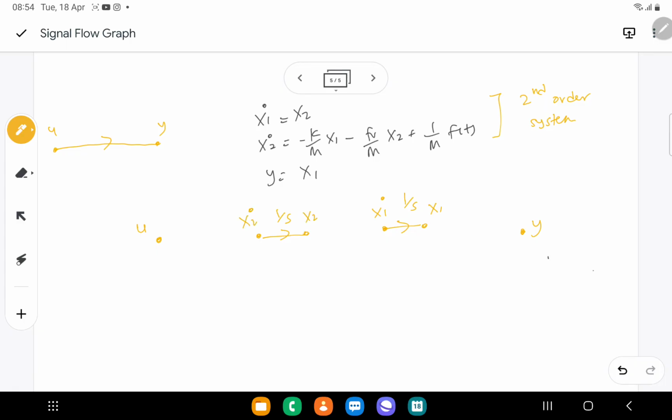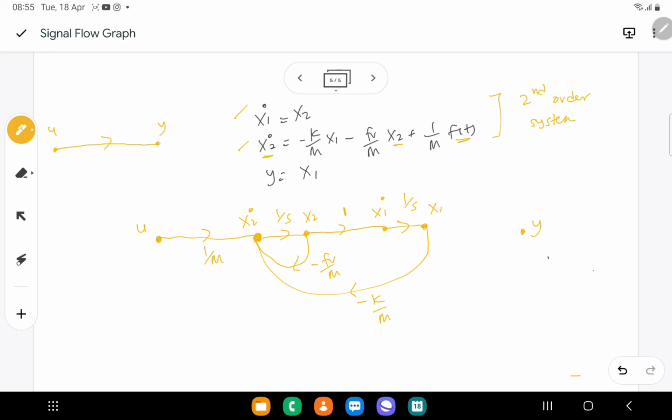From the equation we know that x1 dot equals x2, this is referred to this one, for the first equation. For the second equation, x2 dot here is negative k over m of x1, and then negative fv over m of x2, and then with the 1 over m of the input ft.